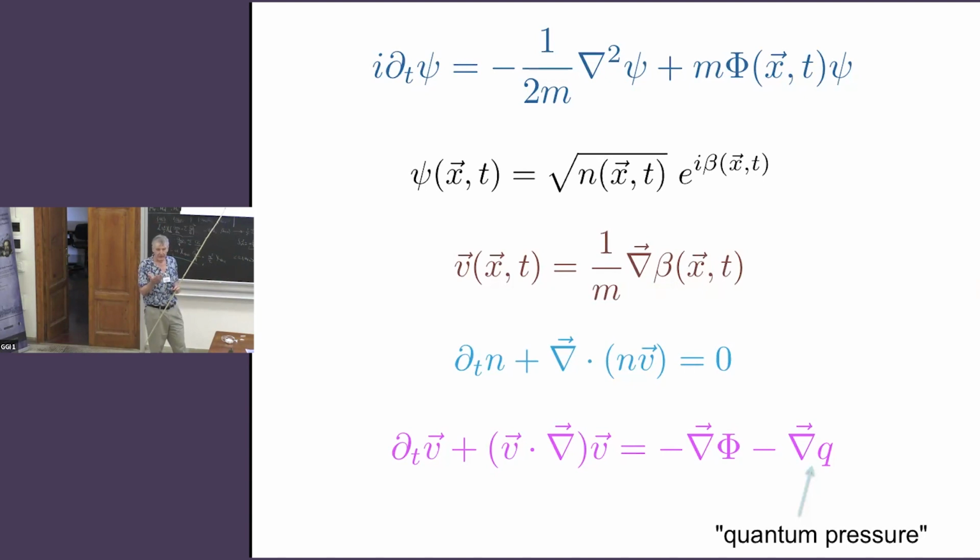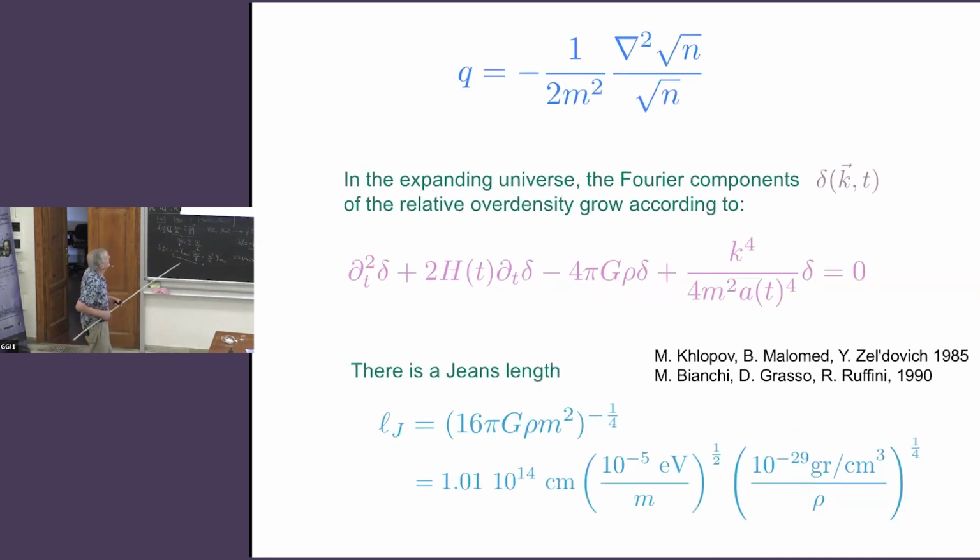It does express the fact that in quantum mechanics, if you take a pile of stuff, it will spread because of the Heisenberg uncertainty principle. Whereas in the presence of any interactions, it will just spread. This is really what this term does for you. This is the expression of this quantum pressure in terms of the density and the mass.